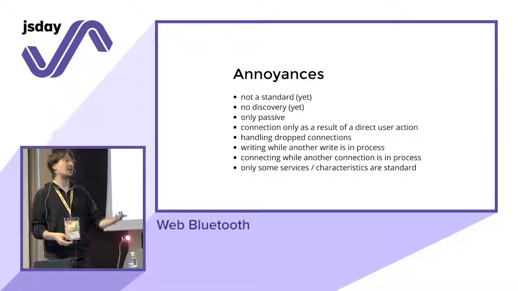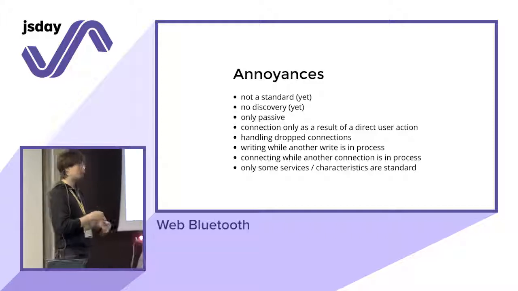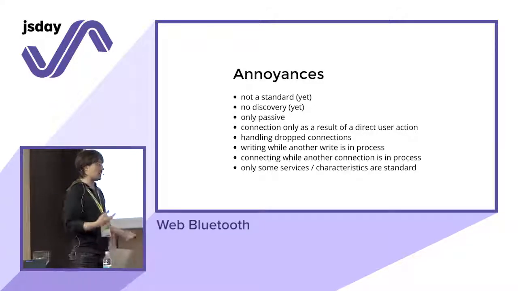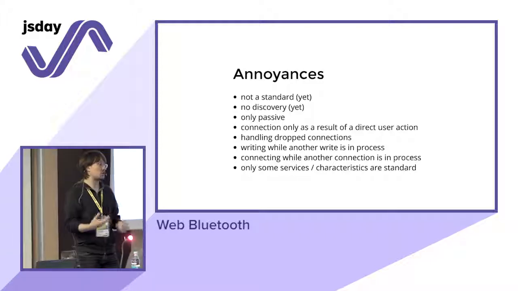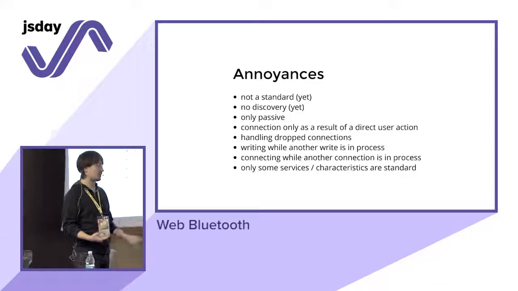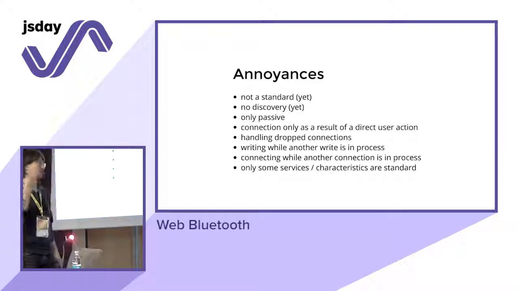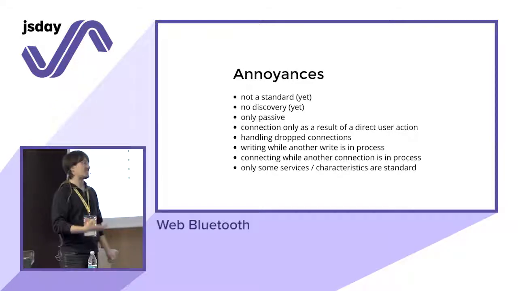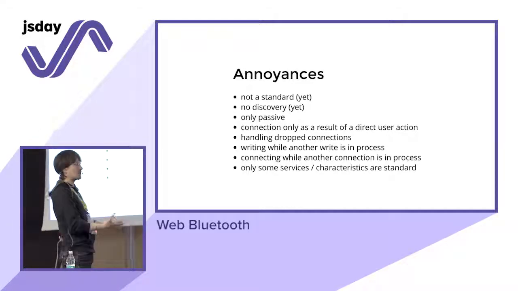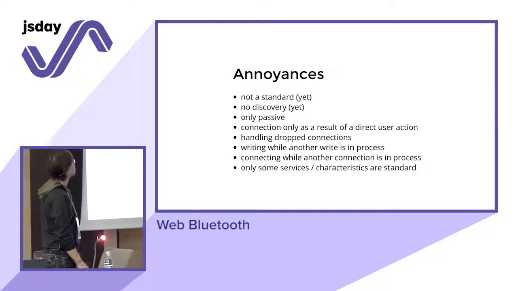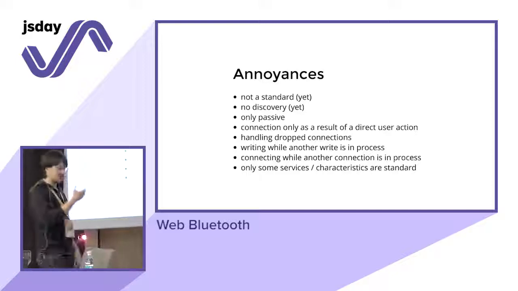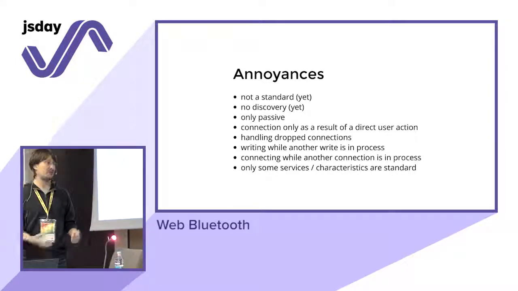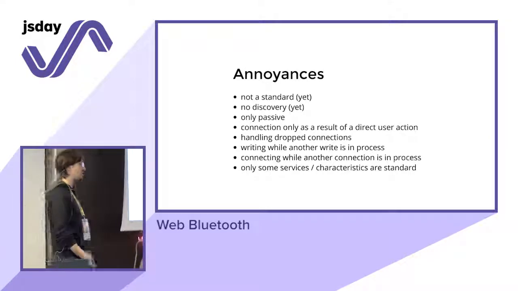An example is if you have a Fitbit or any sport bracelet, it's probably going to expose mostly standard services like heart rate. Or some devices expose battery status. Those are public services. But most of them, like this light and the drone and a lot of other stuff, do not have this feature.